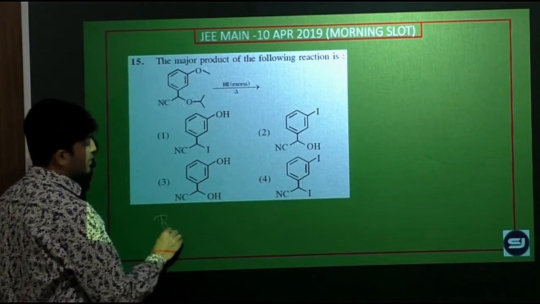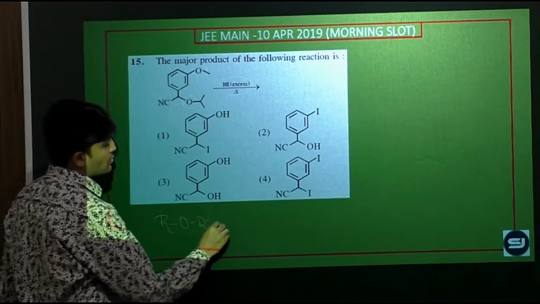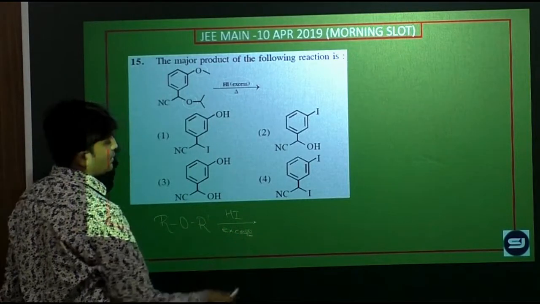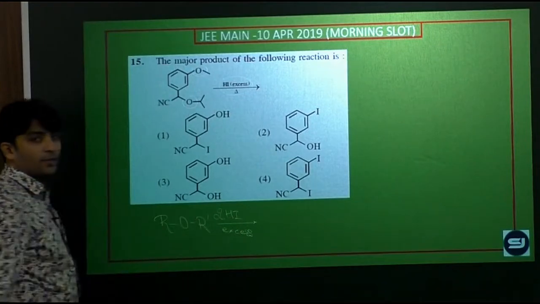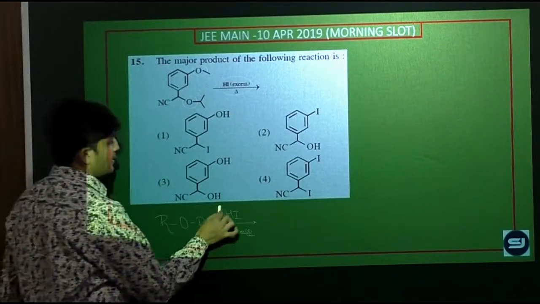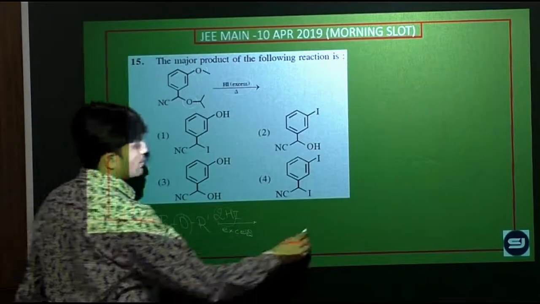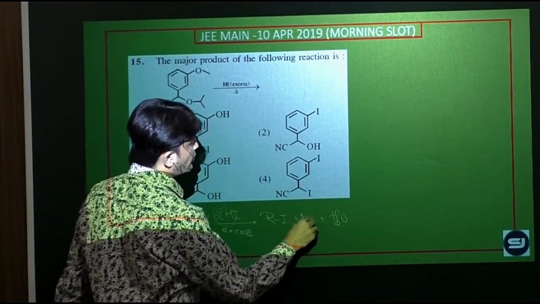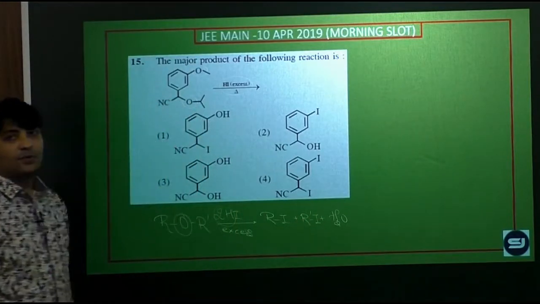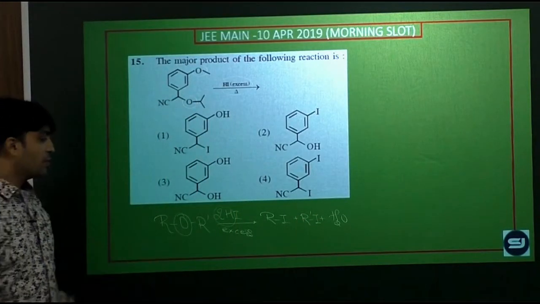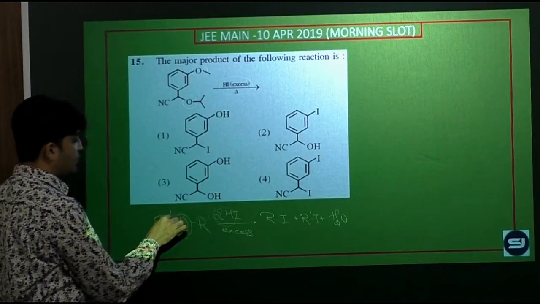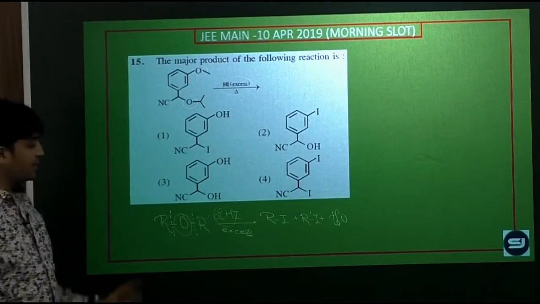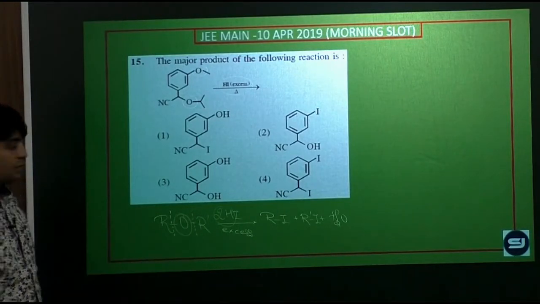If I think about the general reaction, when an ether is treated with HI taken in excess, then 2 moles of HI react with 1 mole of ether, and the 2 hydrogen and oxygen eliminate to give water, and the alkyl groups are bonded with iodine to form iodides. Now, this particular reaction would be possible only if the R-O bonds are broken from both the sides, meaning R-O as well as R-O.